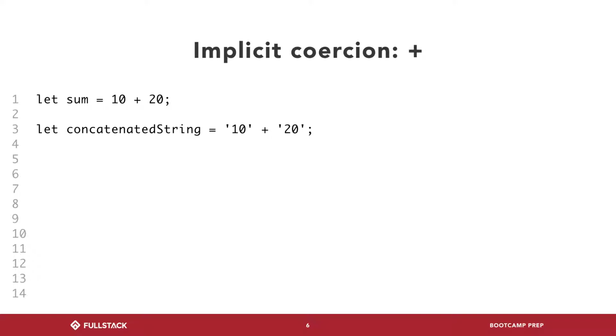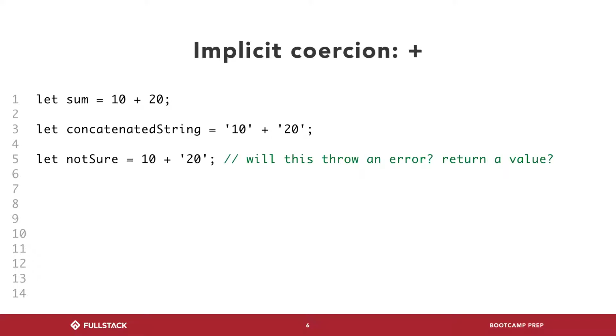What do you think this is going to give me, assuming I print this out? And what type is that? String. It's going to be a string, and that will have the characters 1, 0, 2, 0. Number, simple math addition. String, we're just shoving two strings together. In both these cases, it's pretty clear what's happening. There's not much ambiguity there.